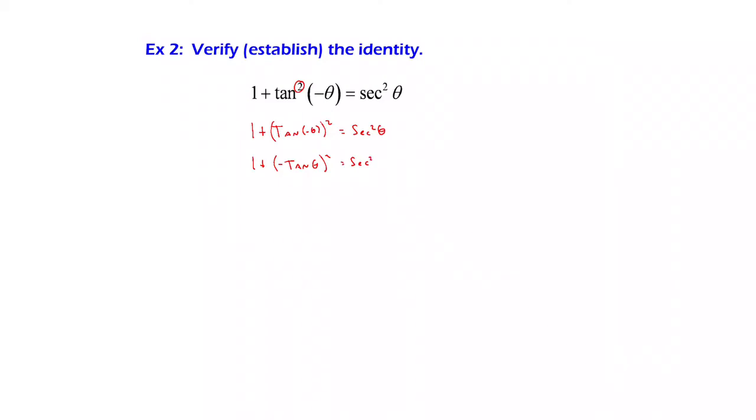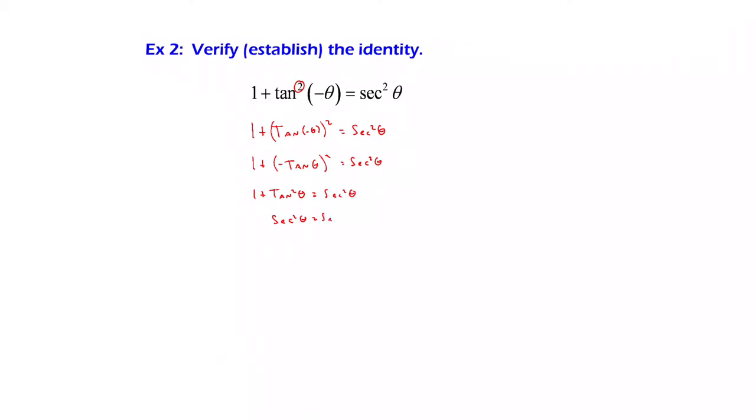And we're trying to get this to equal secant squared of theta. So 1 plus negative tangent of theta times negative tangent of theta is positive tangent squared of theta. And if you go back and look at your Pythagorean identities, 1 plus tangent squared is equivalent to secant squared of theta.